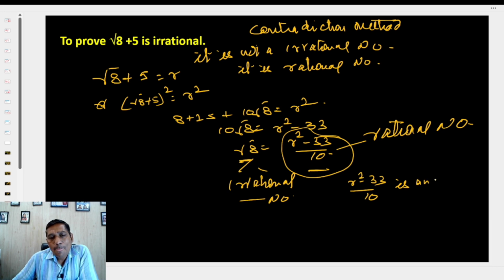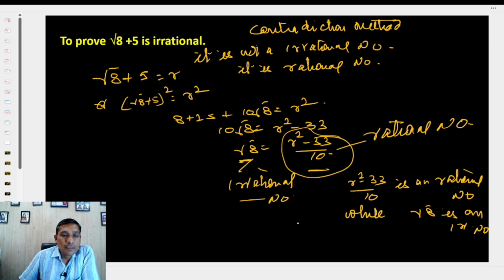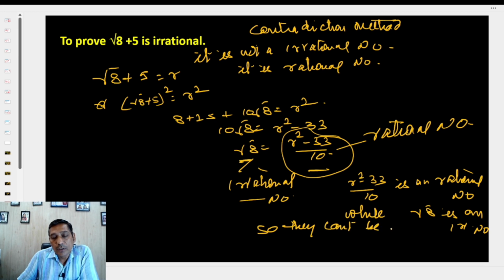is a rational number, while root 8 is an irrational number. So they can't be equal.